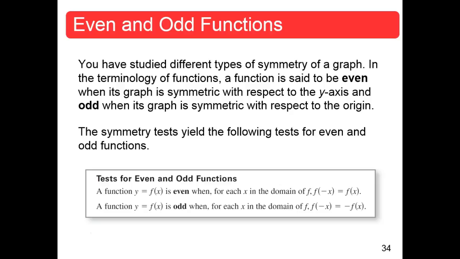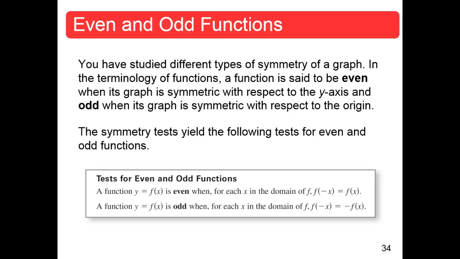That means you put in a negative x, and it goes this way. Positive x, it goes that way. About the origin, that's an odd function. Same values, but always opposite of each other, symmetric about the origin.